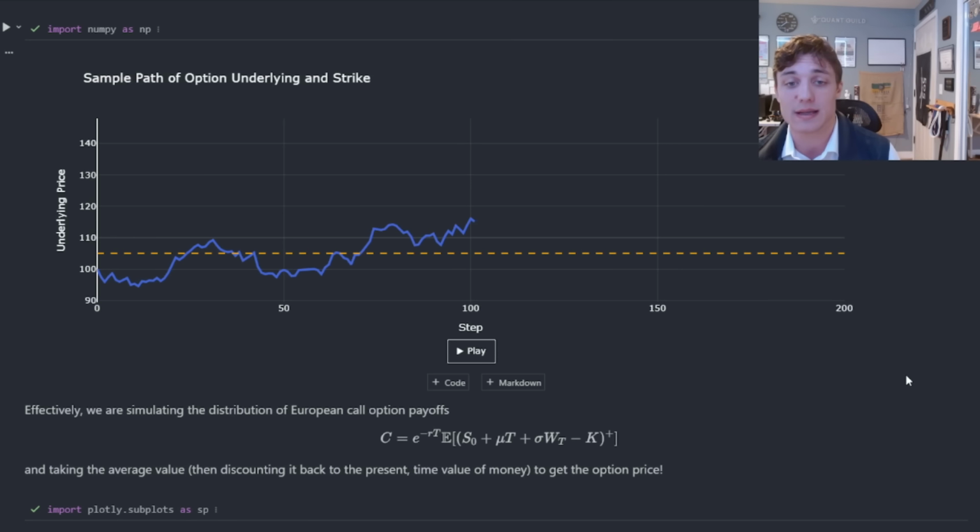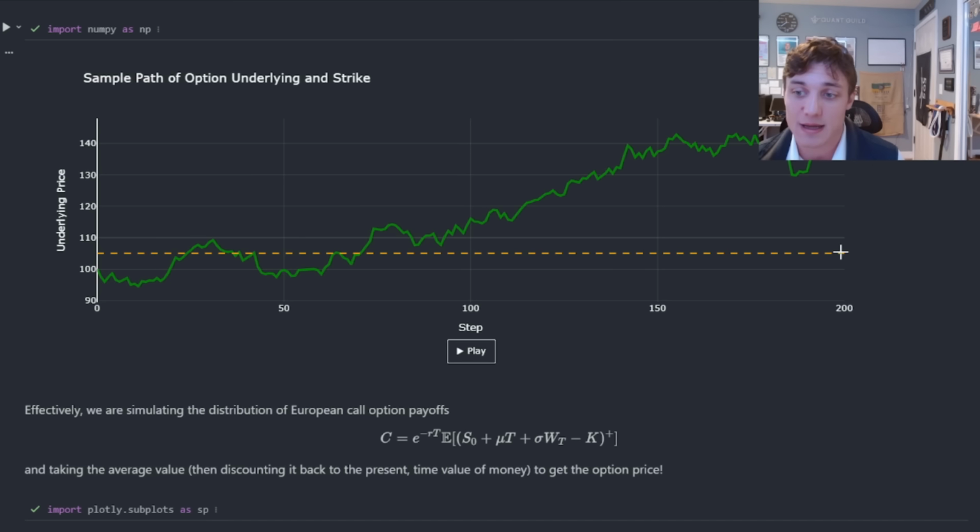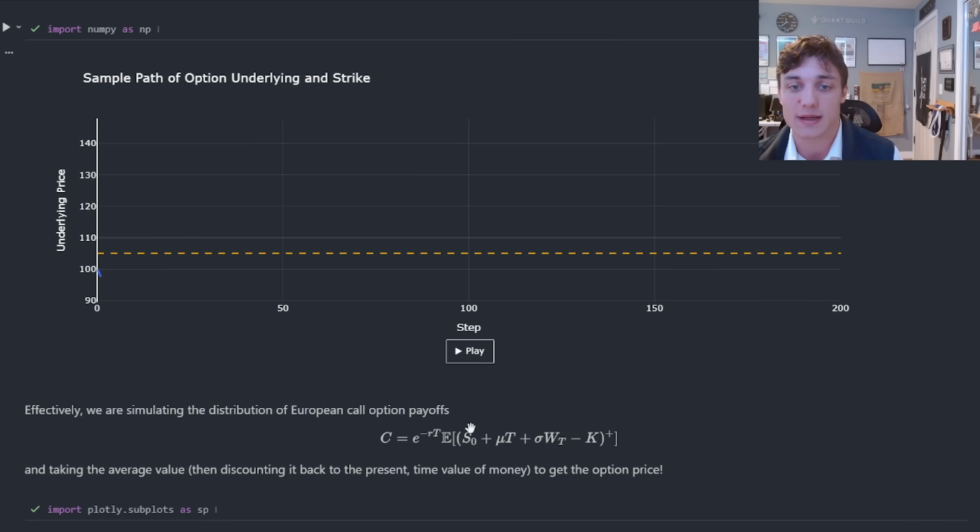Essentially, what I'm going to do is simulate a stock price path, and I'm going to compute the payout of the option. So here's the strike price. At time capital T, this was in the money. I'll record the payout, and I will discount it back to the present. Then I'll do it again. I'll observe the payout. I will discount it back to the present.